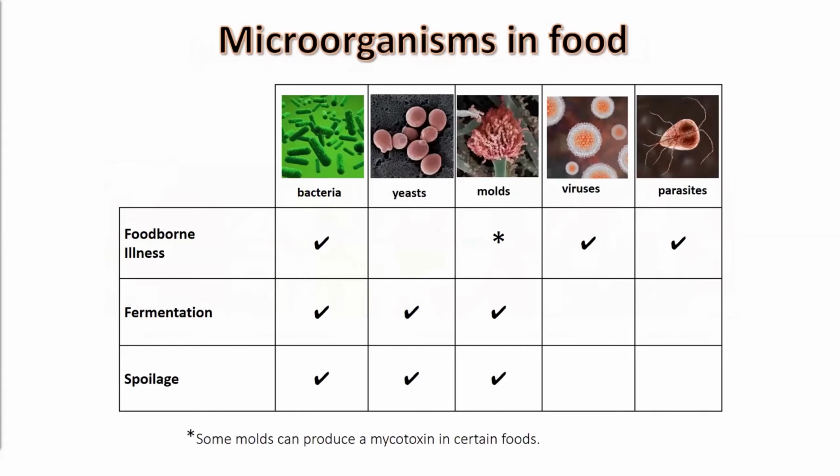This slide lists the types of microorganisms that are important to food, categorized as contributors to food spoilage, to causing foodborne illness, or, for many of them, used in a positive fashion for food enhancement. Really, the most important group of microorganisms to consider are bacteria.